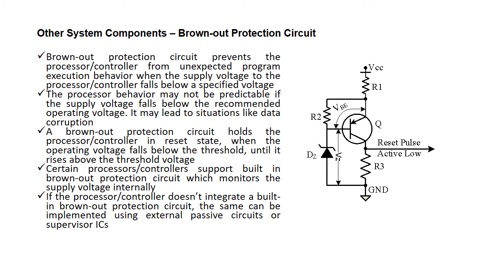If the processor or controller doesn't integrate a built-in brownout protection circuit, the same can be implemented using external passive circuits or supervisor ICs. So the figure shows a brownout protection circuit which is used to protect the system whenever the supply voltage goes below the required operating voltage of an embedded system.